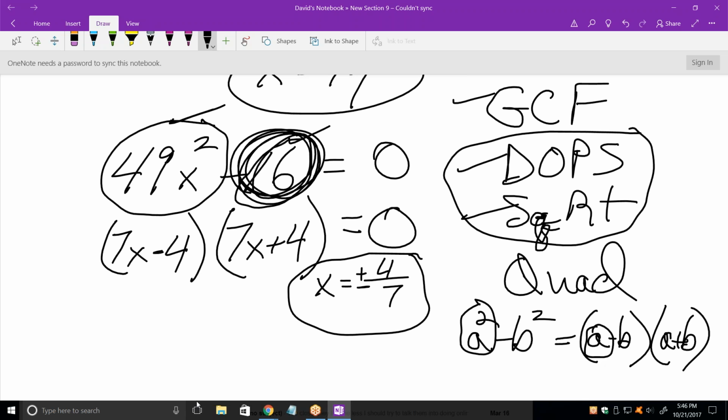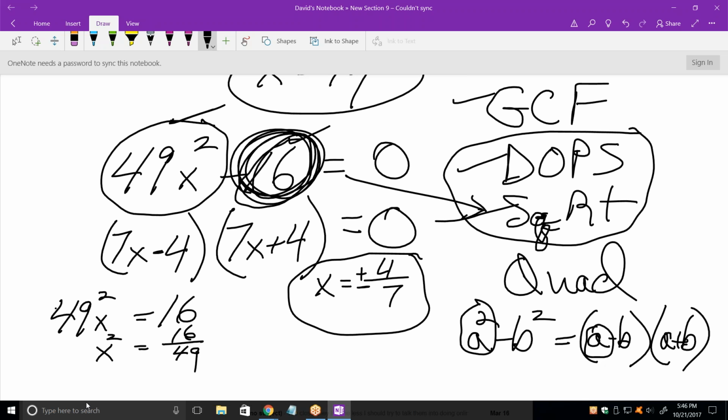Now I want to show you how to do exactly the same problem, only using square root of both sides, which a lot of people would find easier, but it's easier to make a mistake. If I do square root of both sides, the first step is I move the 16 to the other side. Second step is I divide both sides by 49.